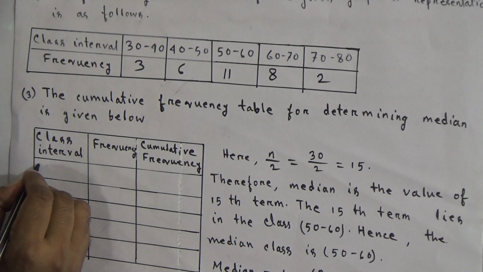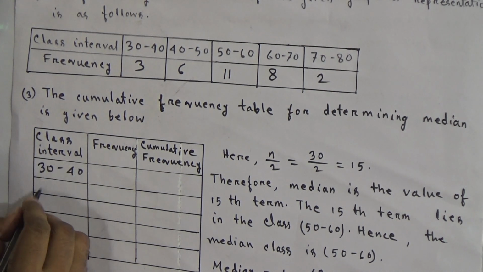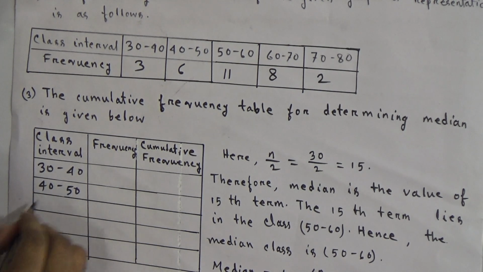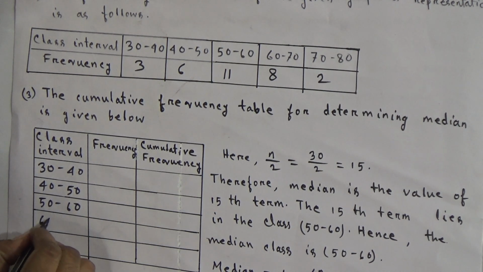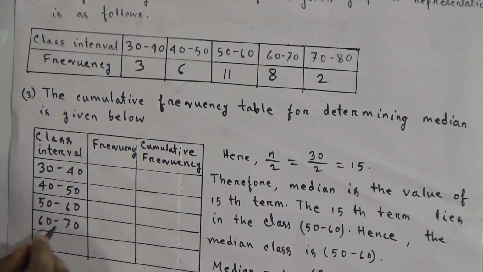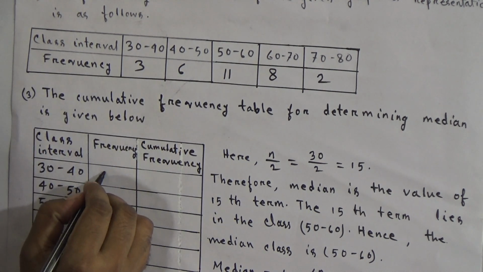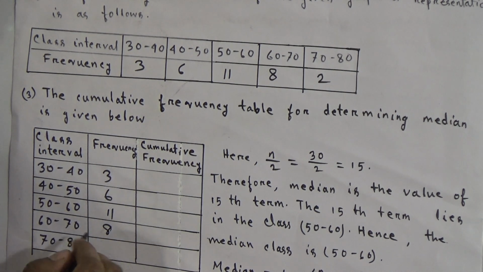First class 30 to 40, then 40 to 50, then 50 to 60, then 60 to 70, and the last class is 70 to 80. Dear students, frequency also will be the same as this table. First class frequency 3, then 6, then 11, then 8, and then the last one is 2.